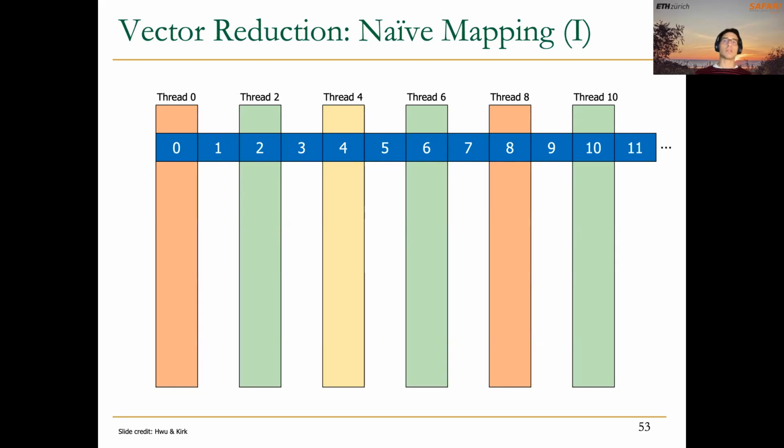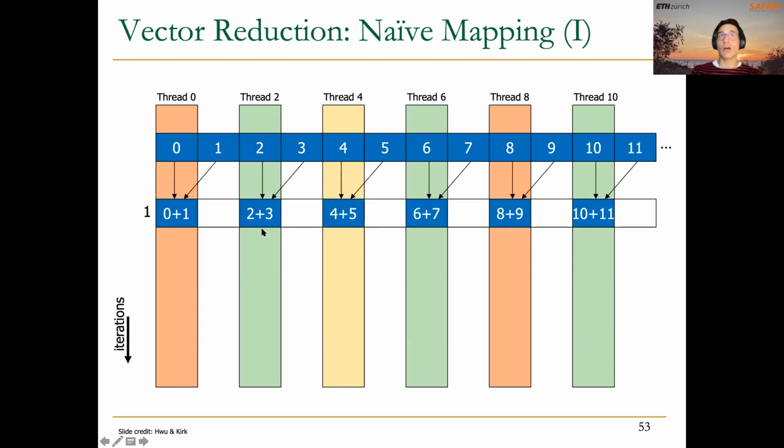That essentially means that in every iteration of the calculation, half of the threads retire while the remaining threads continue performing additions. For example, in the first iteration, we have thread 0 that is going to add these two elements, 0 and 1. Thread 2 is going to add these two elements, 2 and 3, and so on.